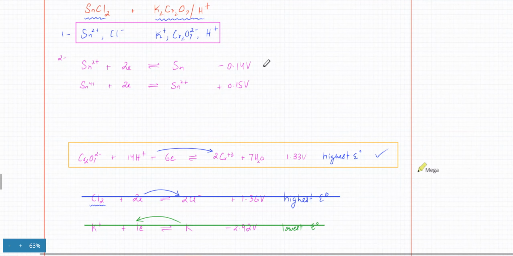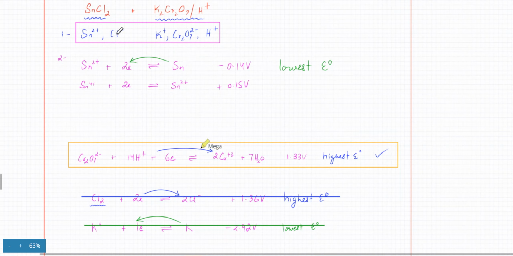Now the lowest potential is the first one, that's the lowest potential. So let's work on that. This is the lowest E naught. So it's going to lose electrons. And again, if it's going to lose electrons, I can't pick this equation because then it's tin that's going to lose electrons.